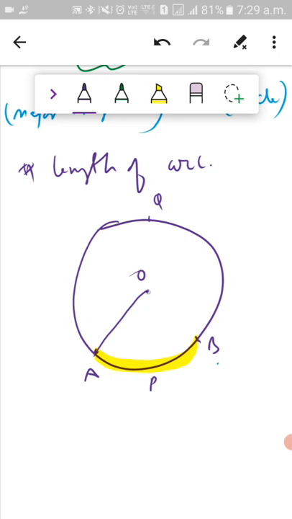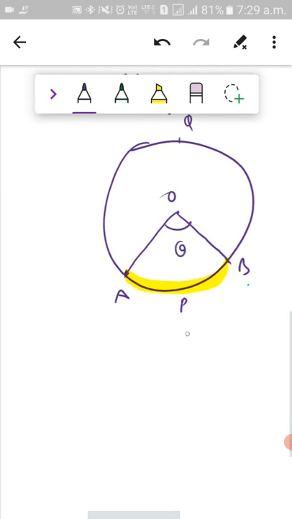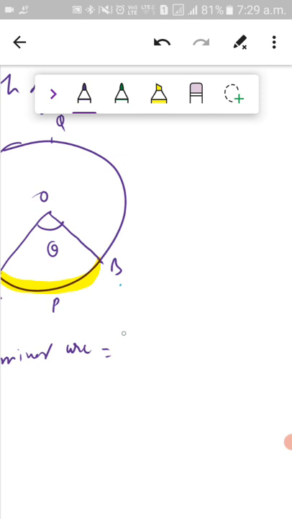and this arc is subtending theta angle at the center. Okay, so APB is our minor arc, so we can write length of minor arc, that is theta by 360 times the circumference of the circle, which is 2 pi r, right?